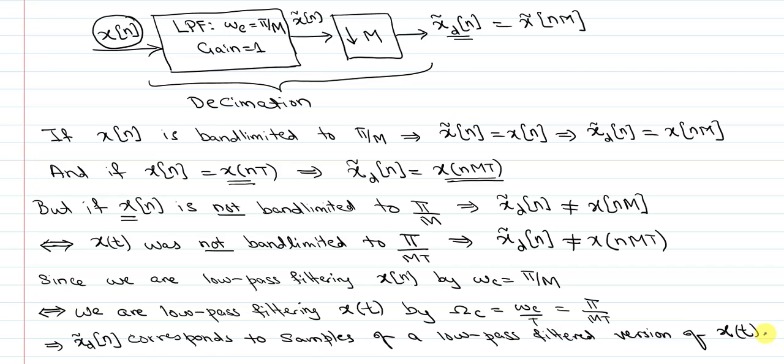Well, if that is the case, and if your signal is not band limited to pi over MT, if it does not satisfy this, then we have to pass it through an anti-aliasing filter, and that is what this discrete filter does.